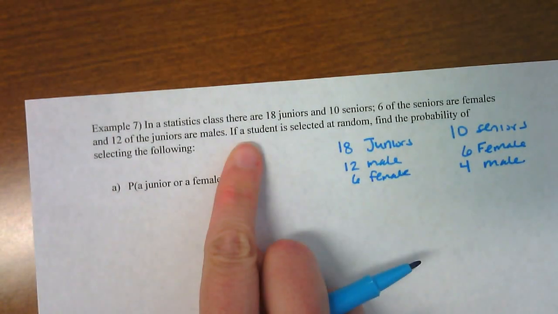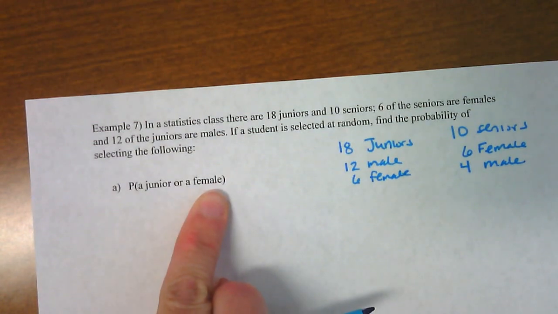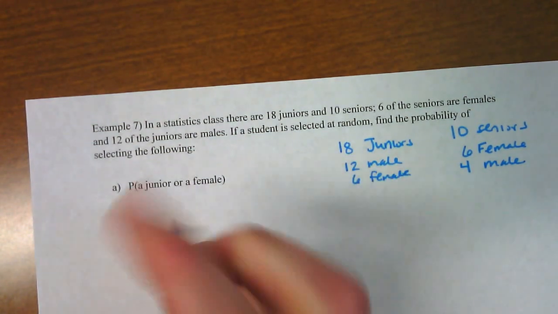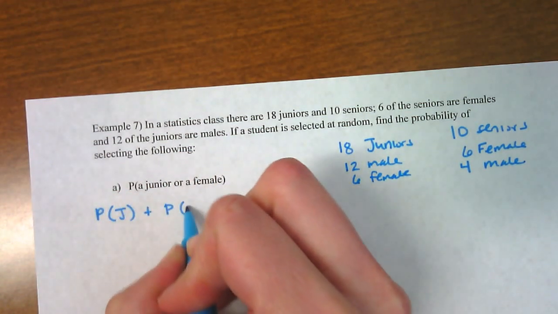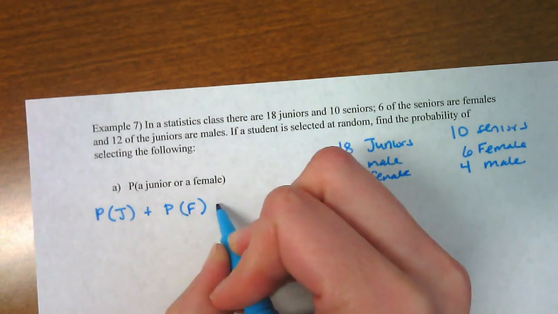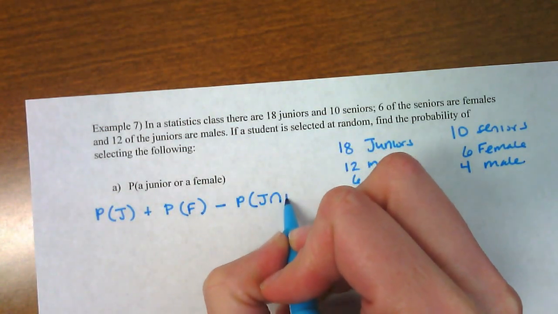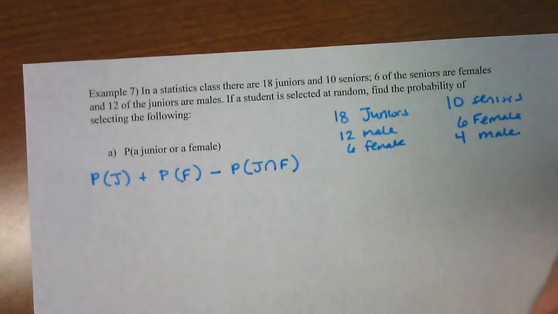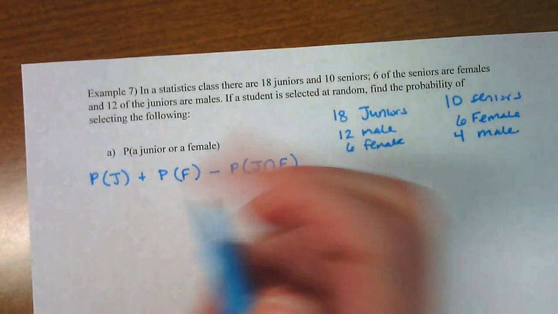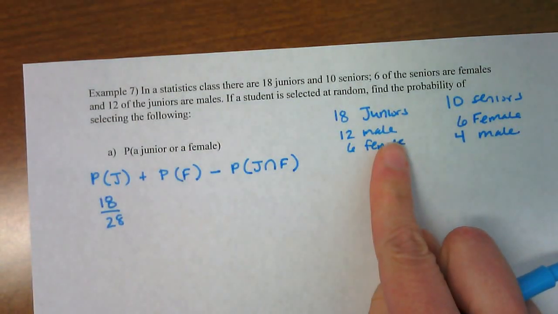So now it says if we have a junior or a female. So there could be an overlap. So I have to do the probability of a junior plus the probability of a female minus the probability of a junior and female. So the probability that it's a junior is going to be 18 out of the 28 total.